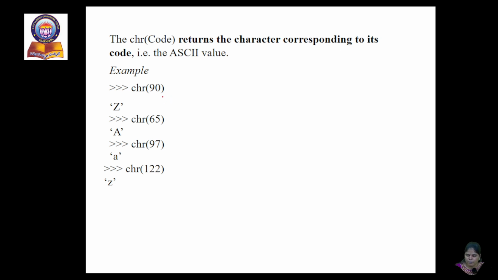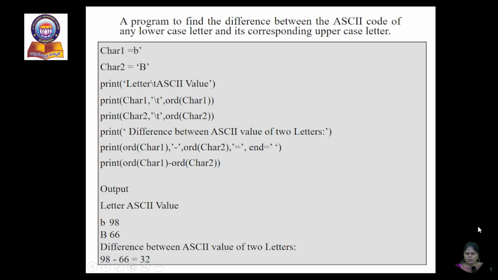CHR of 90. So 90 is the ASCII code for Z, so it will print Z. 65 is the ASCII value of A, so it will give capital A. 97, small a ASCII value, so it will print a. Small z, whose ASCII value is 122. If you pass the ASCII value, it will return the normal character, right? So these are the two functions.